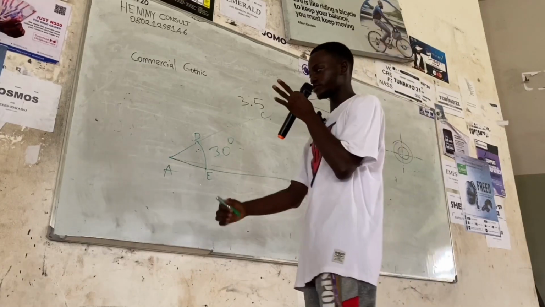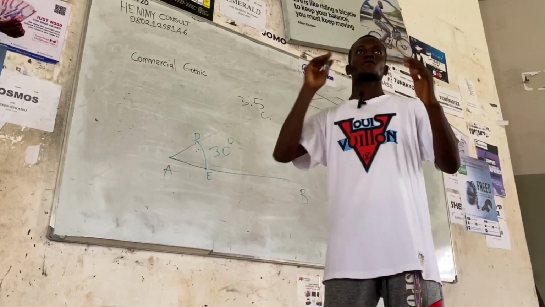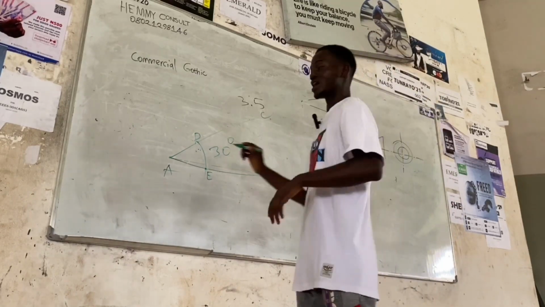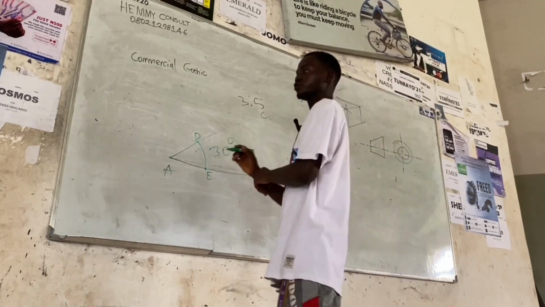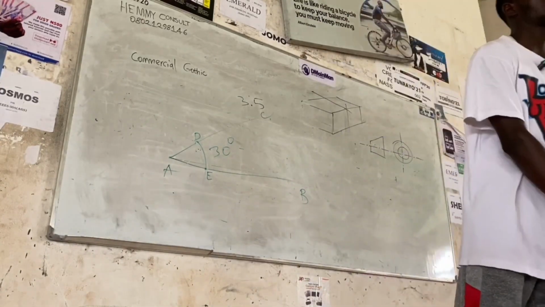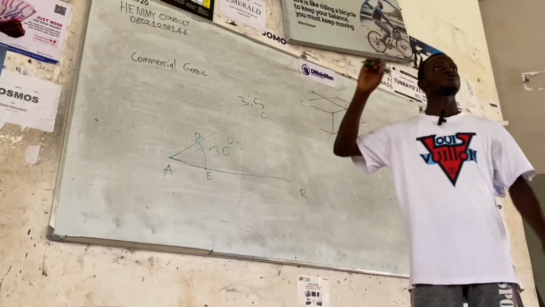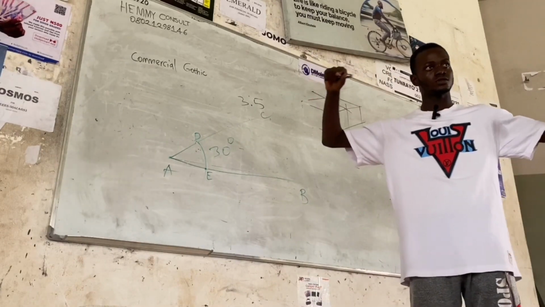Then the next thing you are going to do is that, at any radius, but make sure it's not too big and at the same time not too small, you increase the radius of your compass.